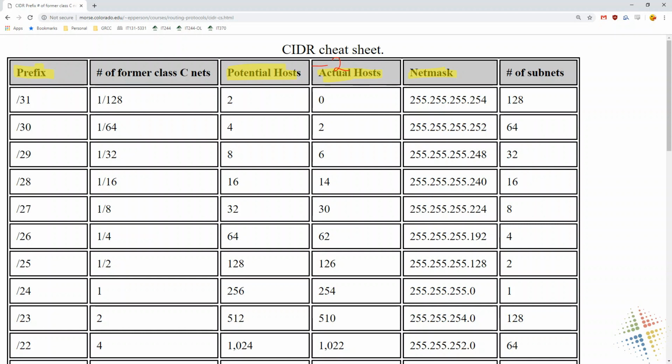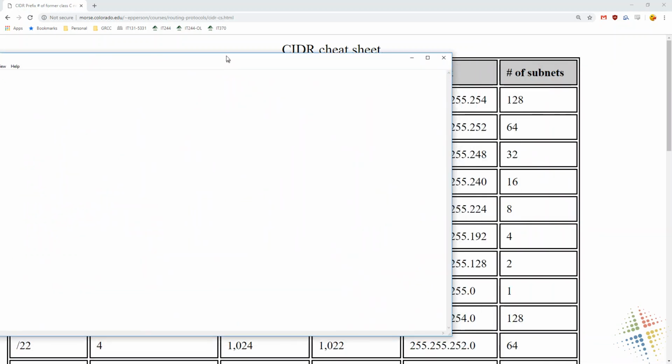Probably the hardest thing right here is to remember the net masks, and again, if you forget these, you can figure them out on your own. Let's figure out how to do this.